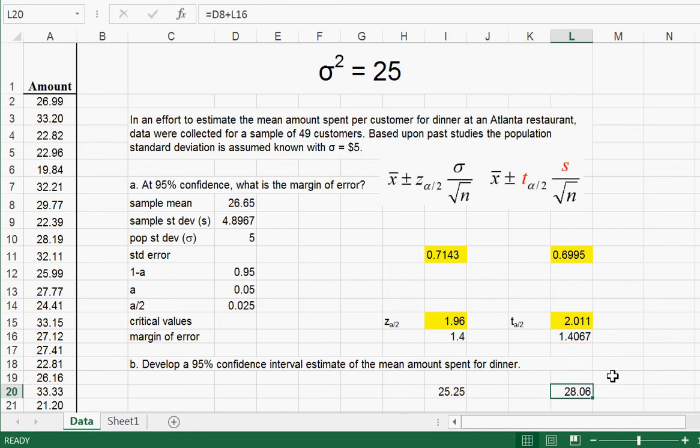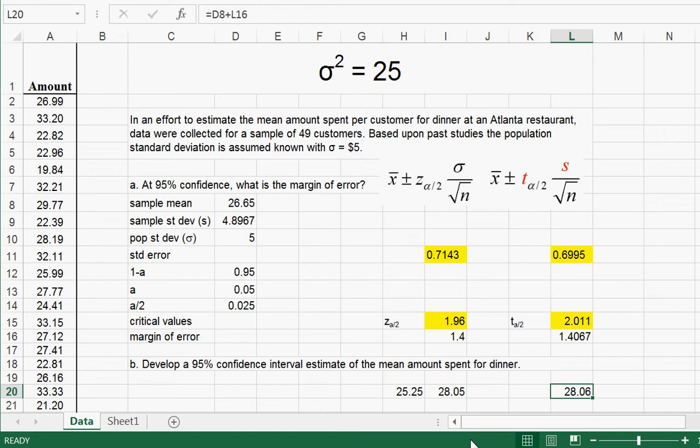Whoops, I did something wrong. Sorry. This is the lower limit for the sigma known case. The upper limit for the sigma known case is the sample mean plus the margin of error, right?